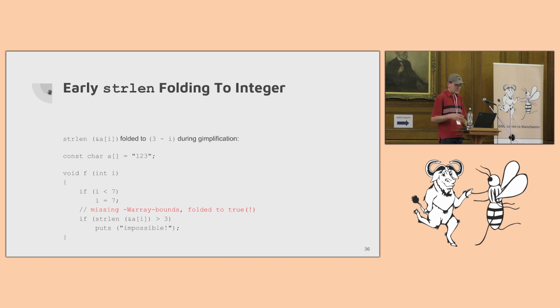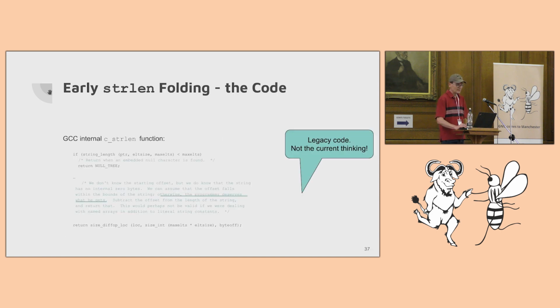We are calling string length with a variable index, and we know the index is 7 or greater, yet the string length pass or the warning passes do not detect the out of bounds access, and GCC in fact even folds the string length call into true, which somebody might find surprising. I certainly did. Why is that?